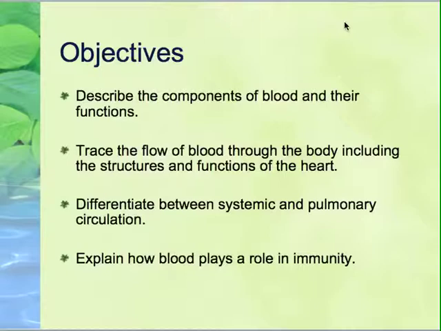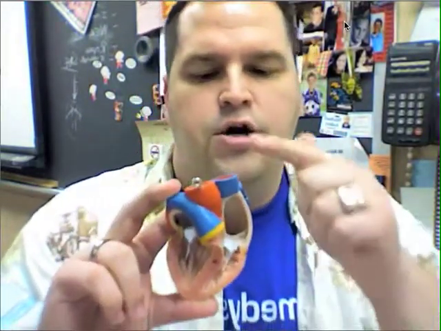To trace the flow of blood through the body and the heart itself, we're going to come back to our little heart. Remember, blood that has been used, it's deoxygenated, needs to pick up some oxygen, comes to the heart through the superior and inferior vena cava into the right atrium. Through the right atrium to the right ventricle, out the pulmonary artery to the lungs. This, by the way, is pulmonary circulation.